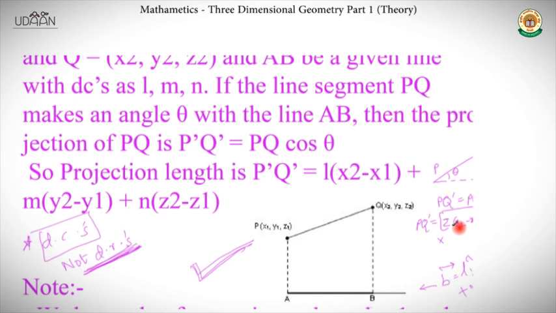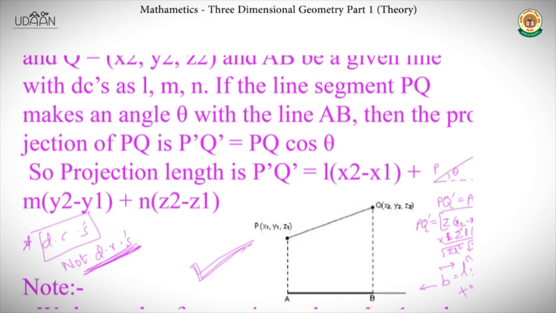Now we know the formula for cos theta as the summation of L into (x2 minus x1), upon root of summation L square into root of summation (x2 minus x1) whole square.